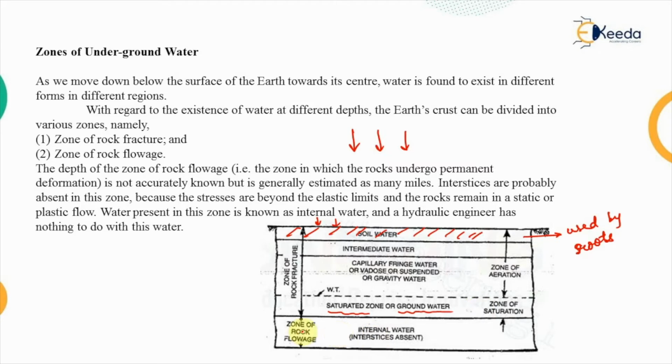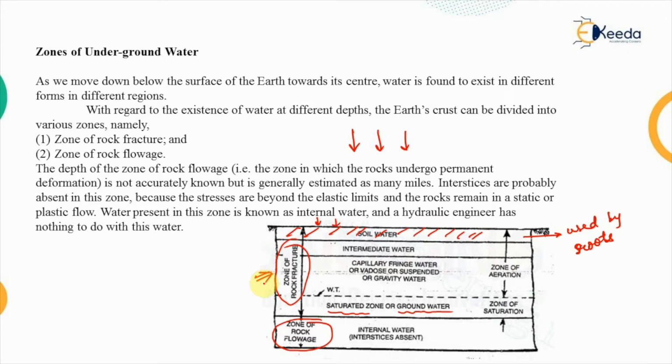Below this there is a rock in which there will be no water whatsoever, and such a region is known as the zone of rock flowage, and the rest of the area is known as the zone of rock fracture. What is for our consideration is the zone of rock fracture.